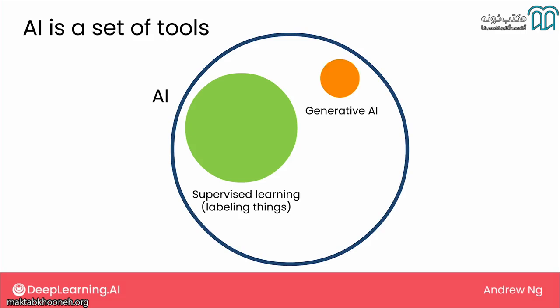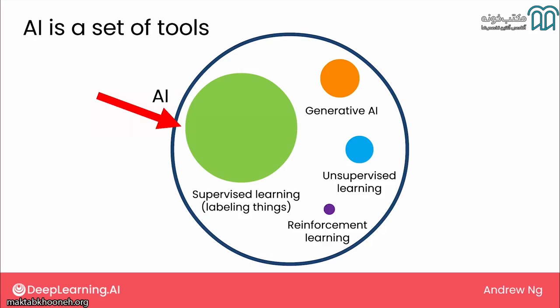And a second tool that started to work really well only fairly recently is generative AI. If you study AI, you may recognize that there are other tools as well, such as things called unsupervised learning and reinforcement learning. But for the purposes of this course, I'm going to touch briefly on what is supervised learning and then spend most of our time talking about generative AI.